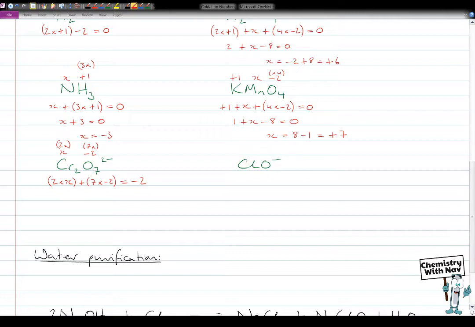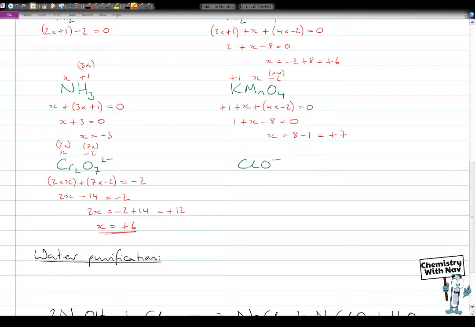So charges go 2 minus, 1 minus, 1 plus, 2 plus, but oxidation numbers always have the sign plus or minus first, so the oxidation number is minus 2. So that gives me 2x plus minus 14, so minus 14 is equal to minus 2. So 2x is equal to minus 2 plus 14, which is plus 12. So x is plus 6. So that means that each one of those chromiums has a plus 6 oxidation state.